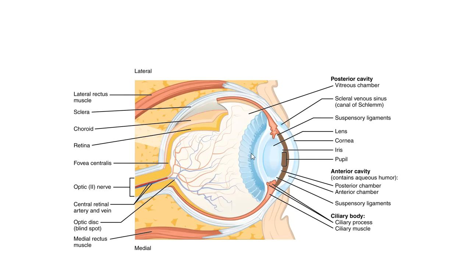So light goes through here to the back of your eye, and there's this area in the back of your eye right here called the retina. And on the retina, you have these structures called rods and cones. And the rods and cones basically are there to detect light and convert that light into electrical impulses that are sent to your brain.